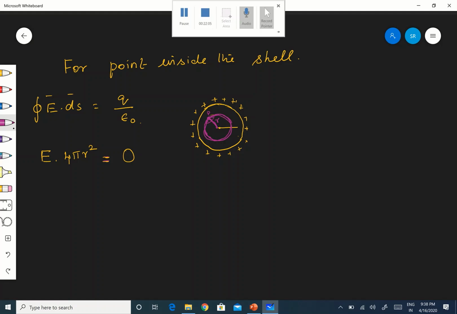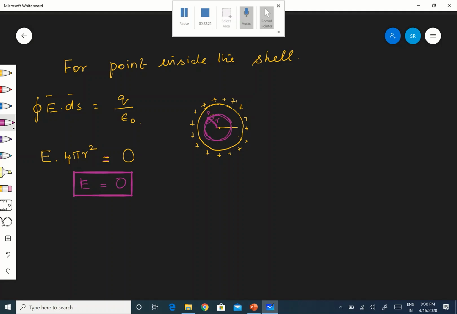Therefore q by epsilon naught is equal to 0, so E is equal to 0 for points inside the shell.